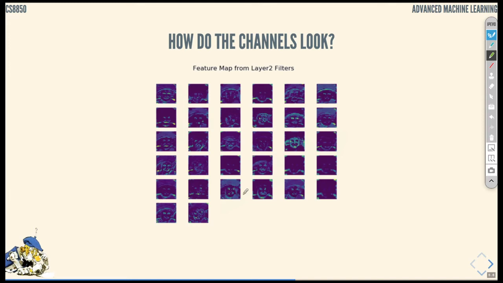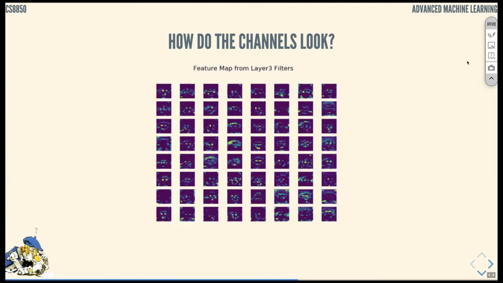So different filters pay attention to different parts of the face. And then layer 3 is even coarser, but information is aggregated right now, and supposedly only the most important information for prediction. I think this task was predicting gender of a celebrity. So now it's all grouped together.